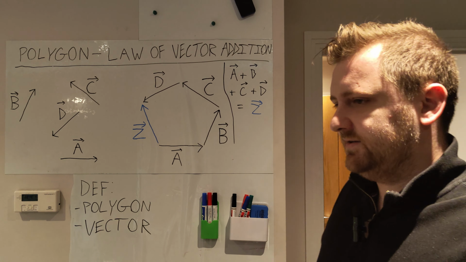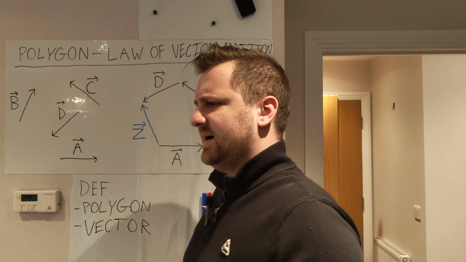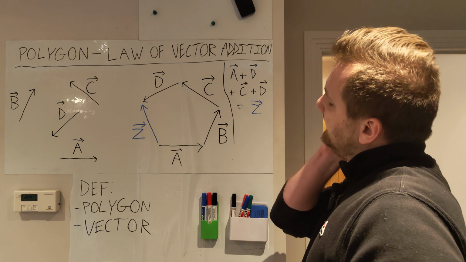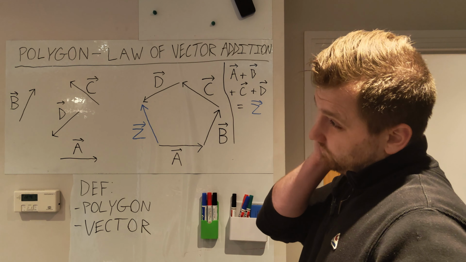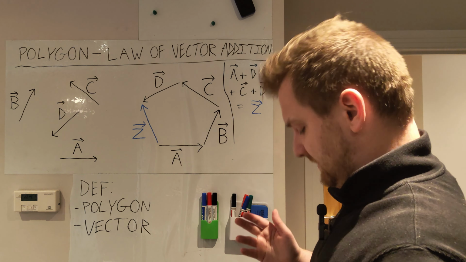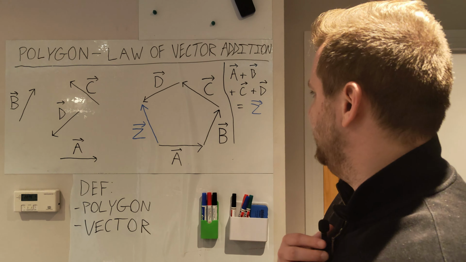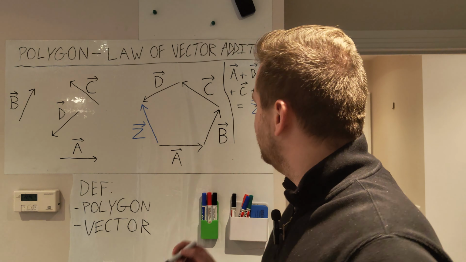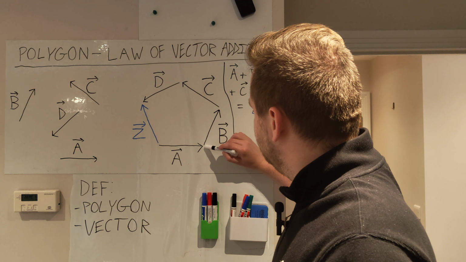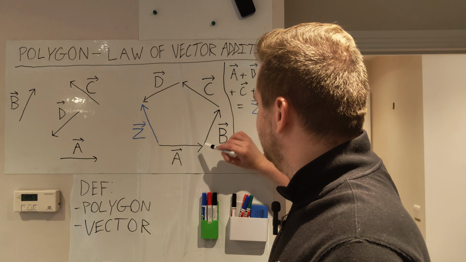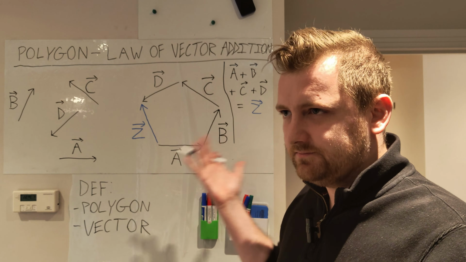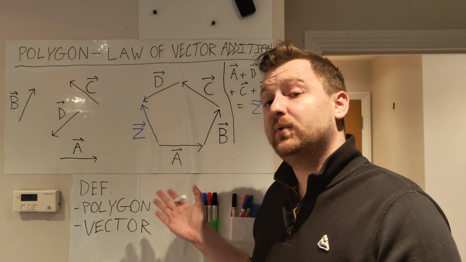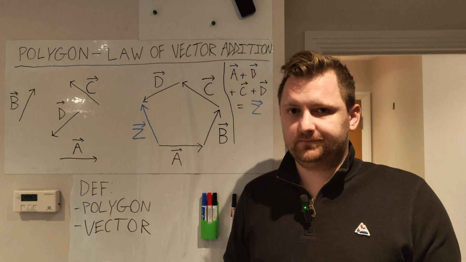I would get told off when I used to say distance, because it's direction and magnitude. But for the purposes of this, if you don't understand it, you could think to yourself, okay, we're going this distance this far. That's basically what it is. So that's the definition of a polygon and a vector.